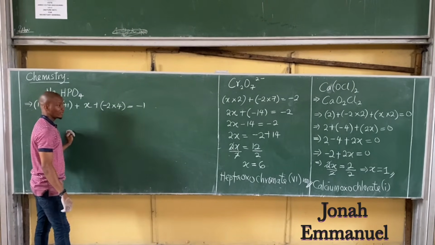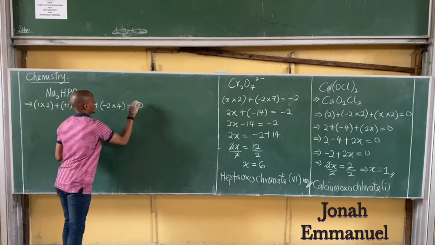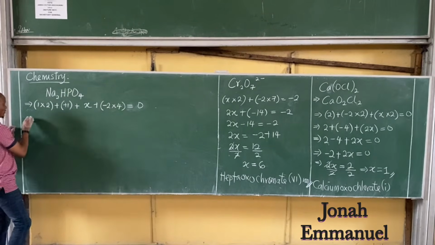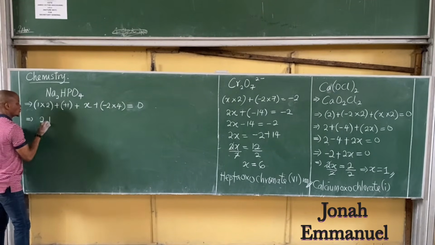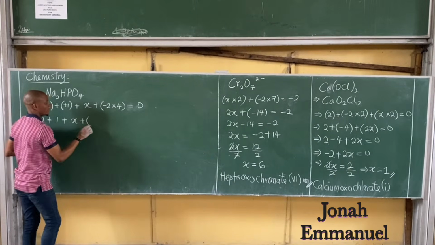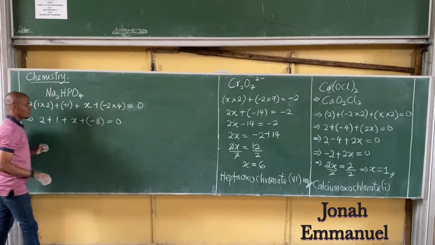Equal to 0. Observe, it's not an ion, it's 0. What do you get now? 2 plus 1 plus x plus -2 times 4, that is -8, equal to 0.